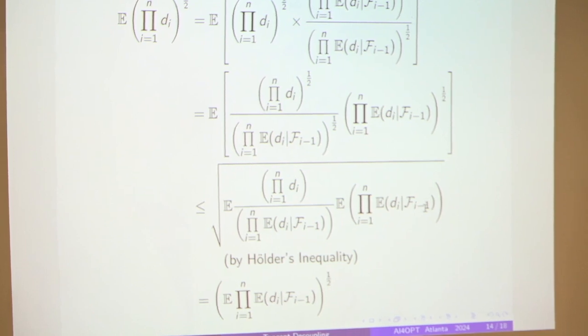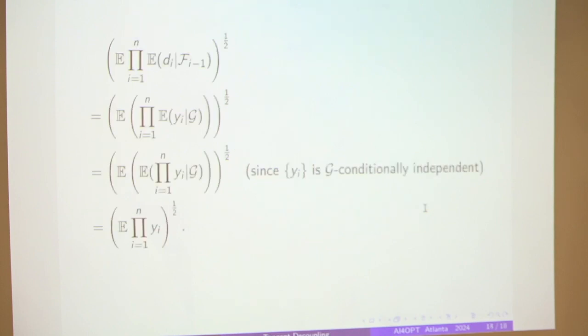Now, we showed that this is equal to 1, right? So therefore, the expected value of the product of the D_i's to the 1/2 is less than or equal to the expected value of the product of the D_i's, but that happens to be the same as the expected value of the product of the conditional expectation of Y_i given G, because these two are the same by construction.